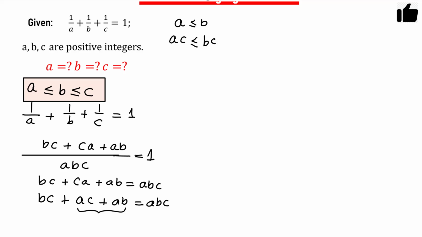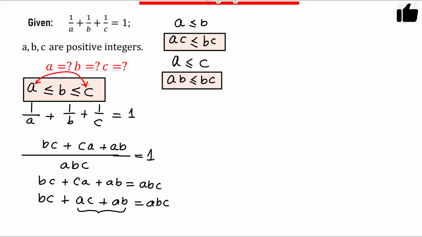Similarly, consider the inequality between a and c: a is less than or equal to c, and let us multiply both sides by b. So we will have ab is less than or equal to bc. So this means bc is greater than or equal to ab and bc is also greater than or equal to ac.